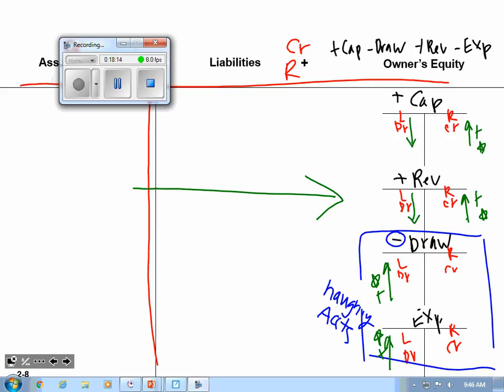That's not true. If the owner takes $1,000 out, we gotta debit that because it's offsetting it. Same thing if I pay the light bill. If I pay the light bill for $1,000 on the credit side, it's making them overall go up. So the reason these are naughty is they don't follow the big left and right rules. So the debit is the increase, the credit is the decrease.